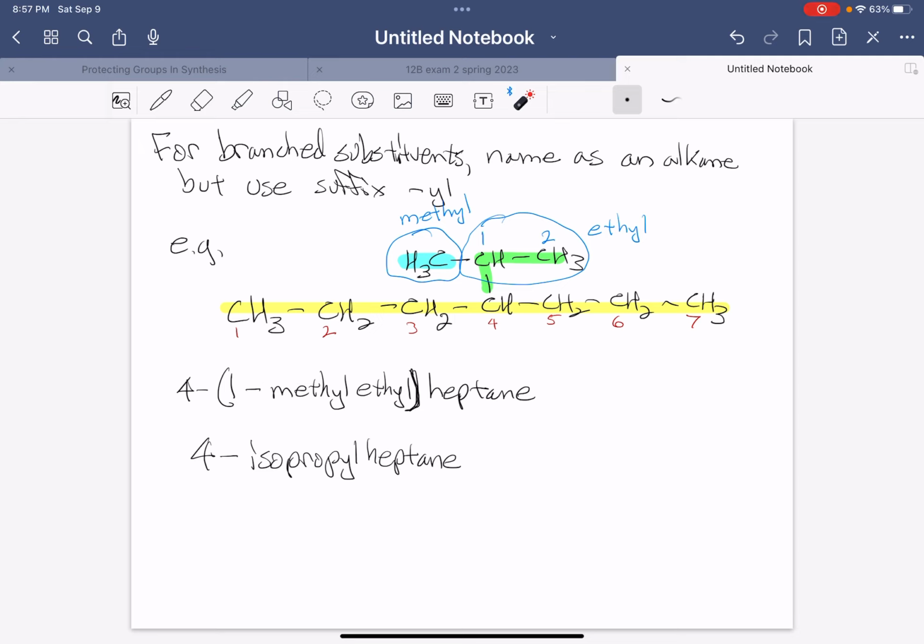If you say isopropyl, that is okay. So if you use those names for the alkyl groups that we looked at last time, names like isopropyl, isobutyl, t-butyl, sec-butyl, that's fine. I mean, everybody knows what a t-butyl group is.